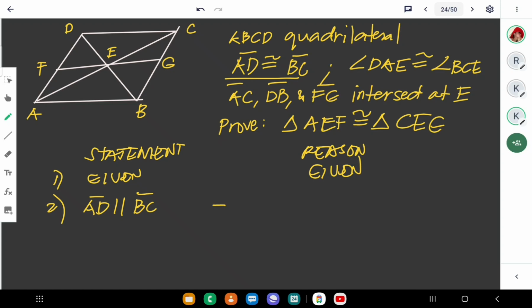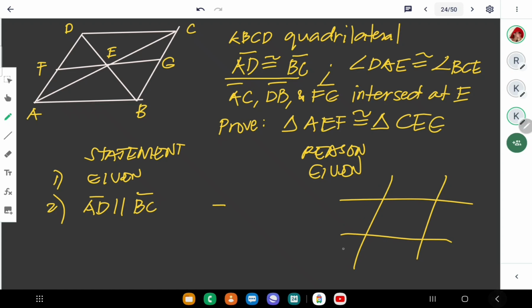Which ones are transversal here? So we have line AB, side AB or line AB if we're going to extend that, and CD. So it would look like this.